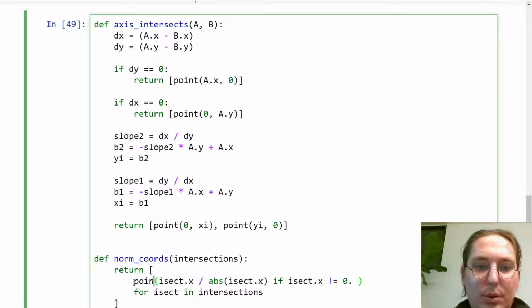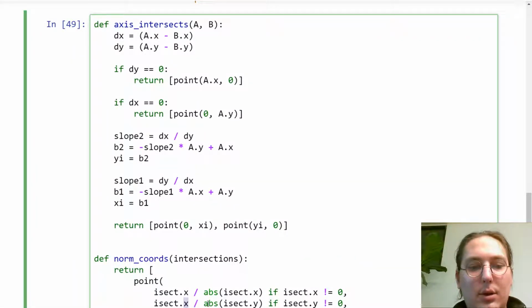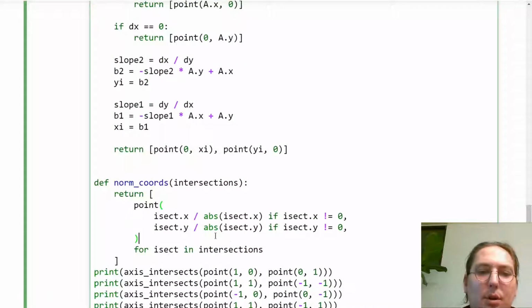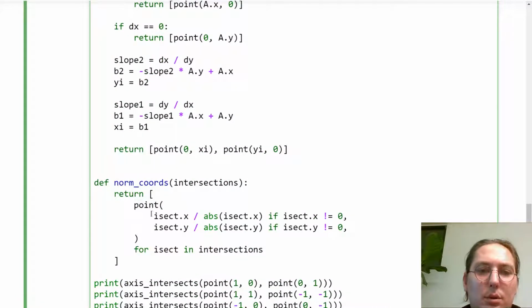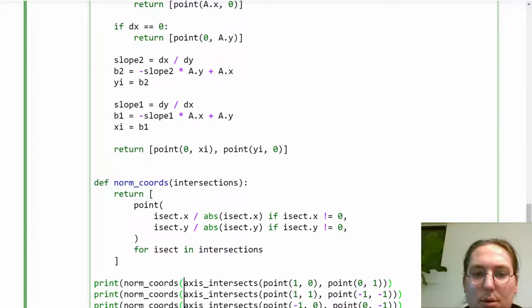I guess we do point. So this is the x coordinate, and the y is y. So now everything should be 1, 1. So this shouldn't change anything. I don't know how to get to the end of the line here.